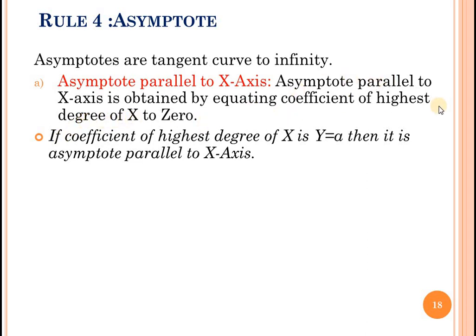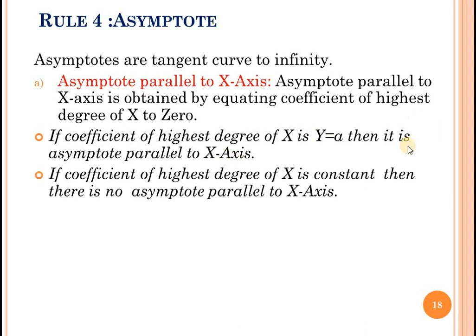Now we are not equating the highest degree term; we equate the coefficient of the highest degree term of x to 0. If we get some y equal to a, then the line y equal to a is an asymptote parallel to the x-axis. If the coefficient of the highest degree of x is constant, then there is no asymptote parallel to the x-axis.